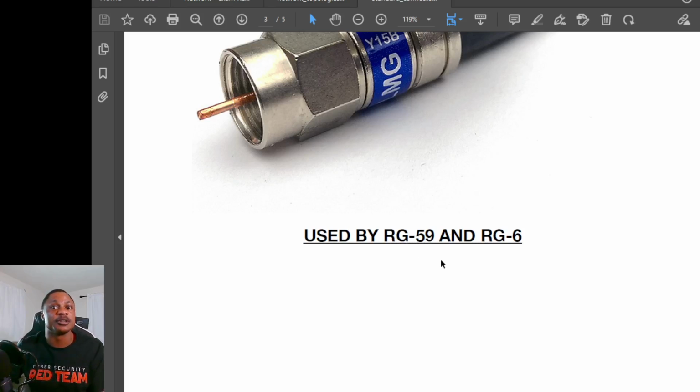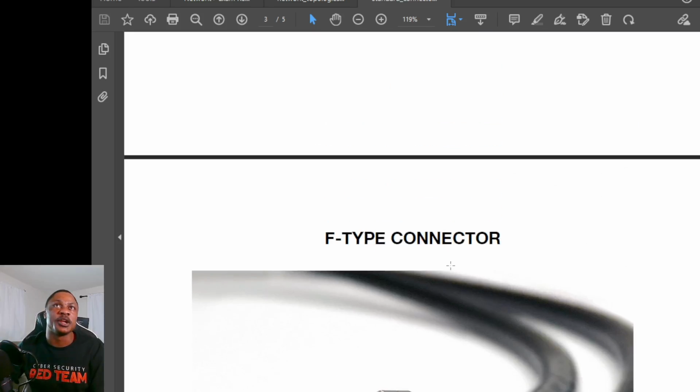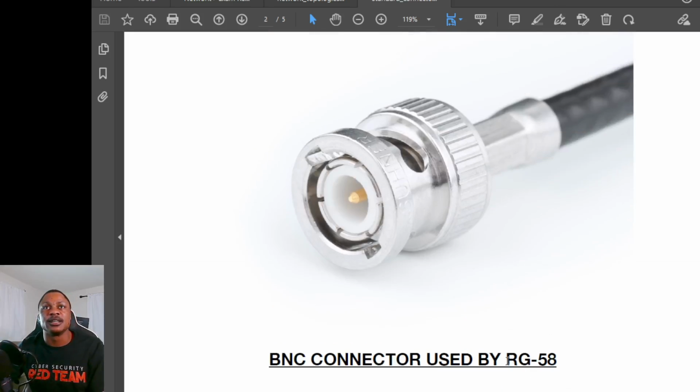So when you get to the exam and you see that question, you have to remember RG59 and RG6 are rated at 75 ohms, and the old version, RG58, is rated at 50 ohms.